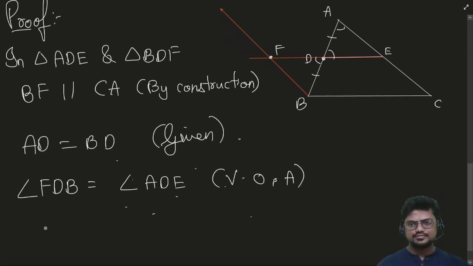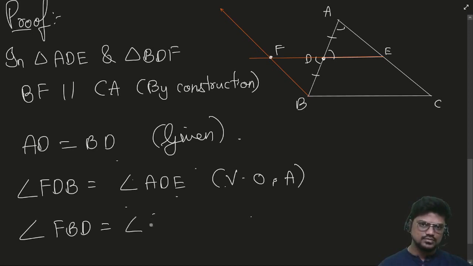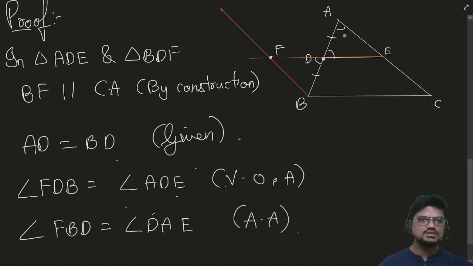Also, angle FBD is equal to angle DAE. Why? Alternate angles, since these two lines are parallel. Right? Now can I say that the two triangles are congruent by which test? ASA. Yes.